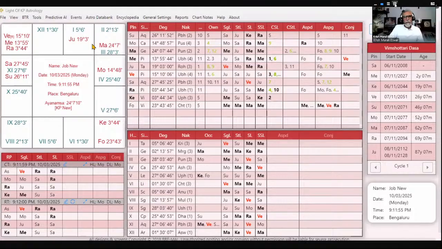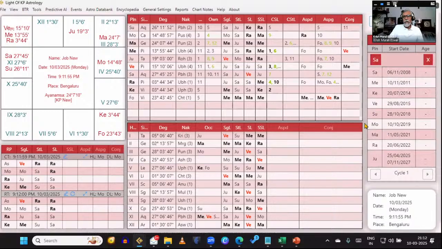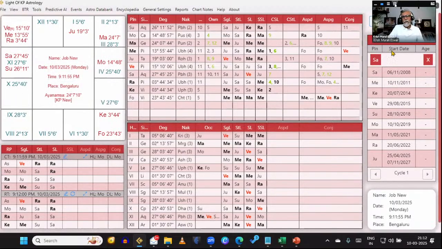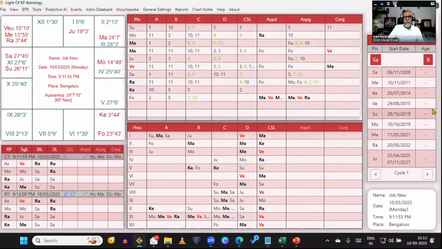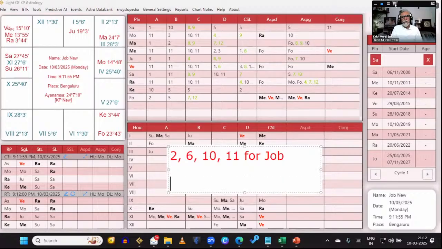I told you everything will happen according to Dasa Bhukti Antara Sukshma. Now let's look at the Dasa. This is Saturn Dasa, but Venus is retrograde. First, let us see if Saturn will give the result. For somebody to get a job, we need to see 2, 6, 10, 11. Saturn is in Jupiter's star today.